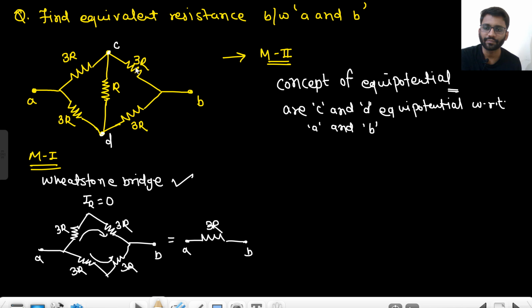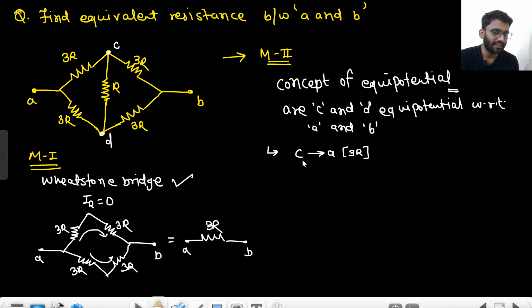Look, whatever the work C does, the same work D will do. Let's assume C is going from C to A. How much resistance does it have? 3R resistance, right?